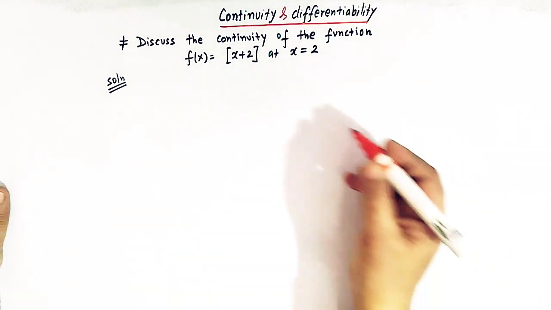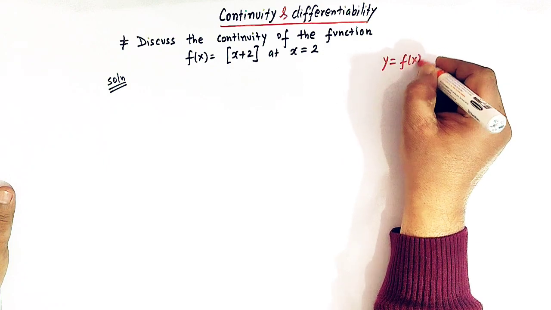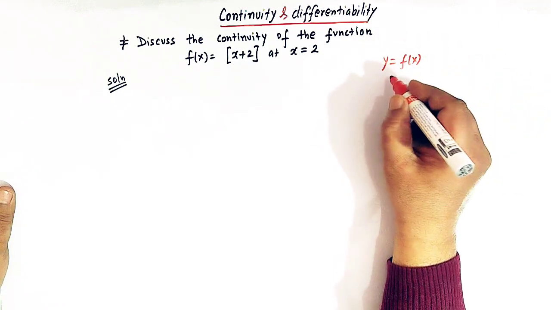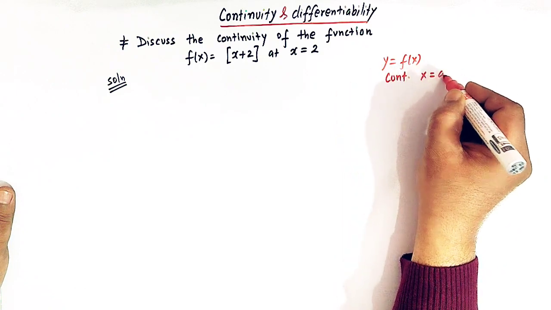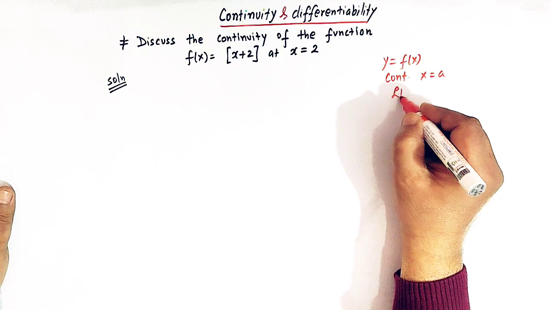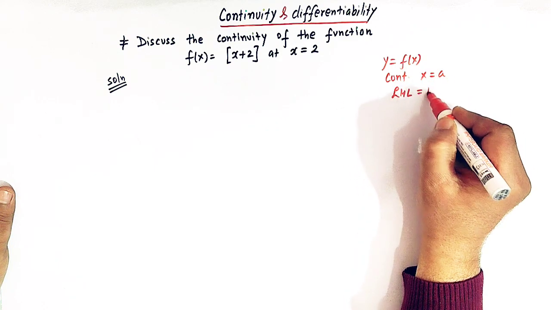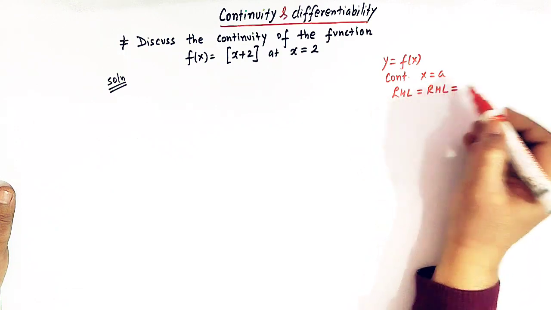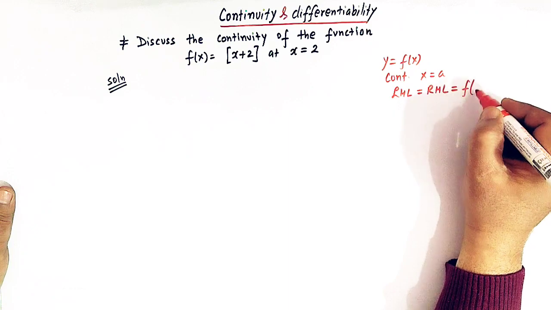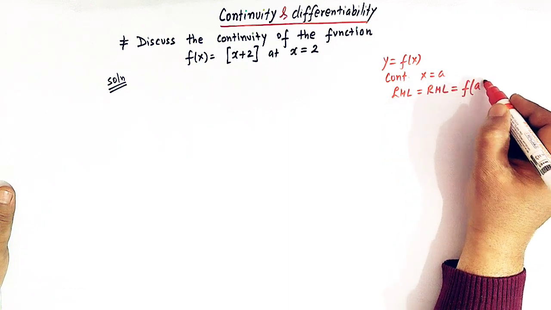Viewers, we know that if we have a function y is equal to f of x, then this function is said to be continuous at some point x is equal to a if the left hand limit at this point x is equal to a is equal to the right hand limit, and both these limits are equal to the value of the function at this point, that is x is equal to a.